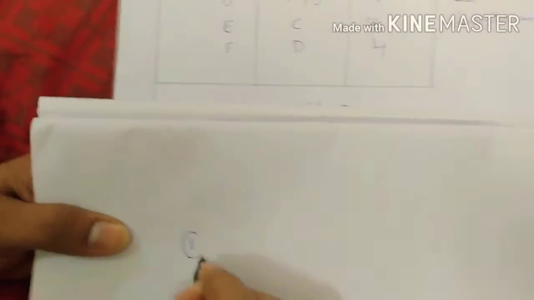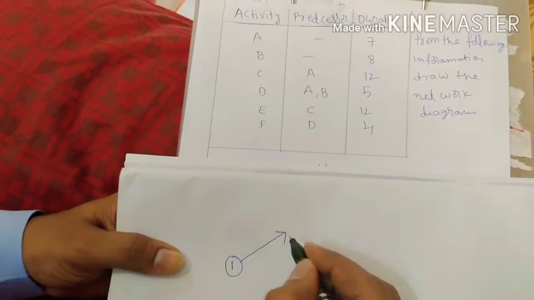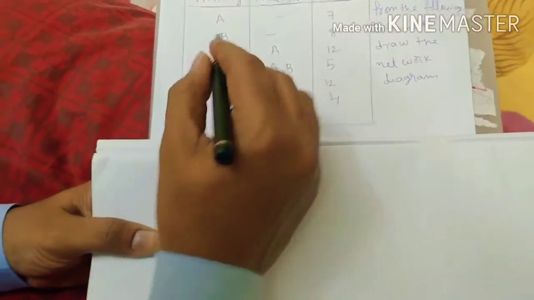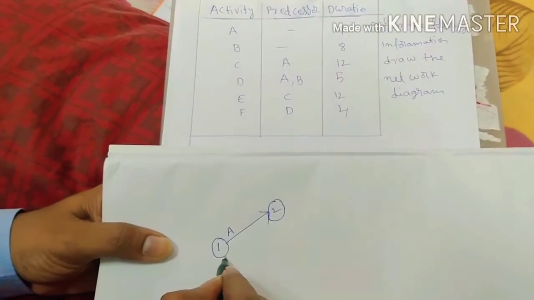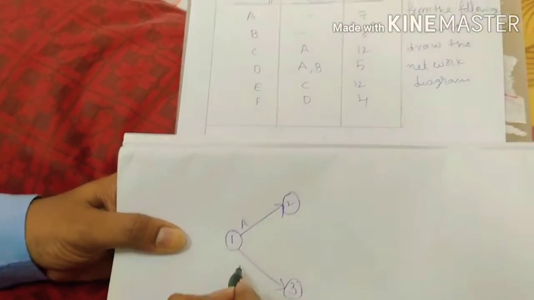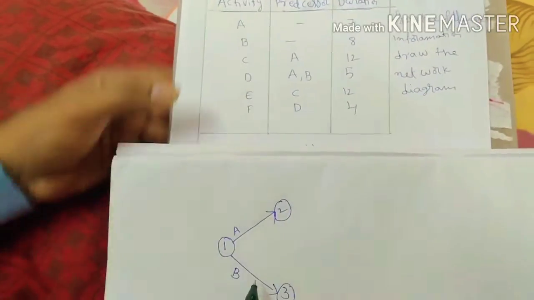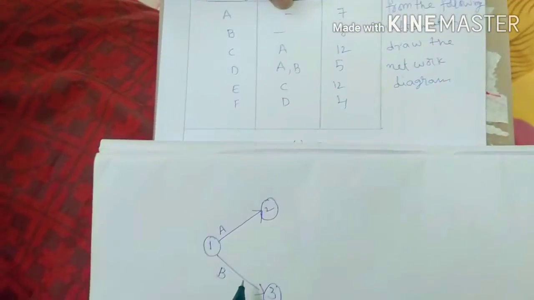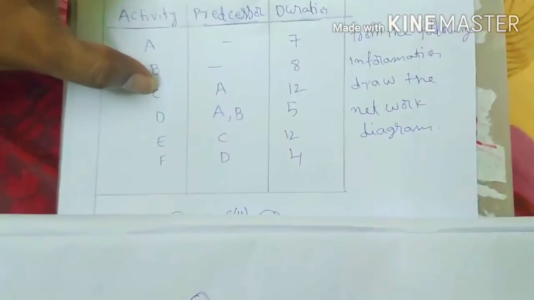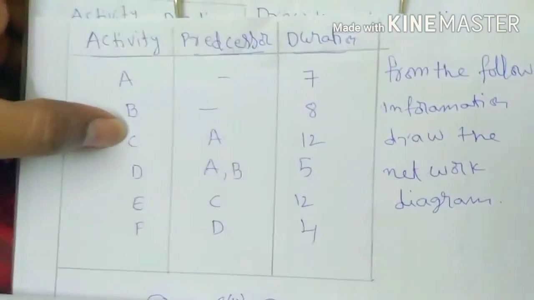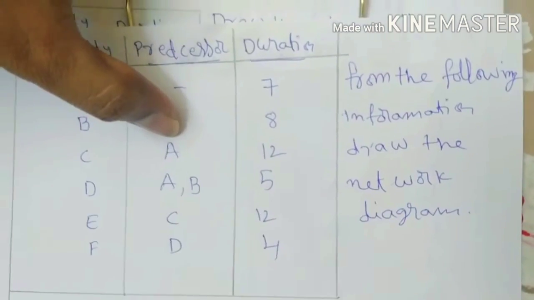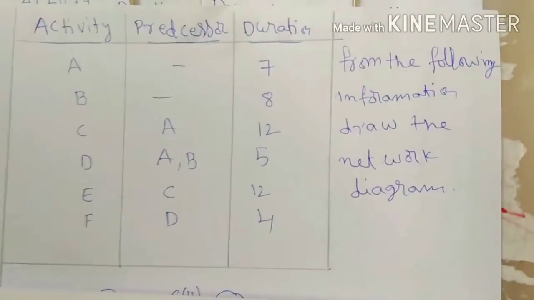That's why you need to remember this is the rough draft. 1, 2, we will name this one as A. Next here B, you can see this is the activity B. 1, 2, 3, this is the activity B. Why? Because before A no activity is there, before B no activity is there. So C activity we need to construct. Before C there is an activity A. That's why we will draw likewise.